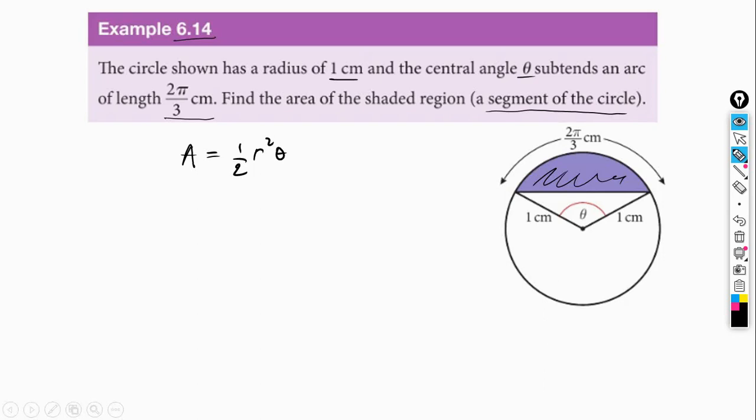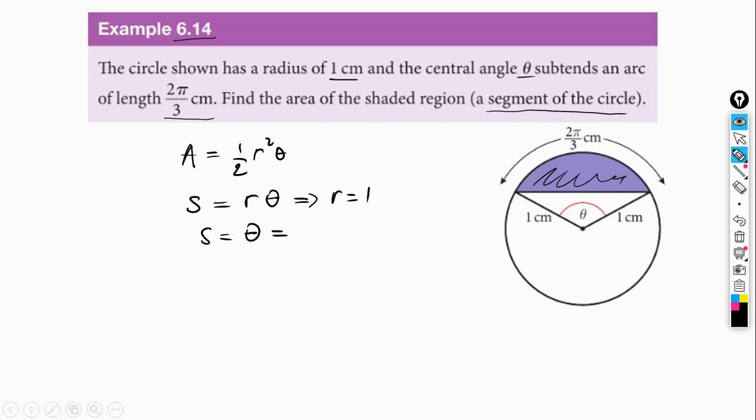Also, recall that the formula for an arc is equal to the radius times the central angle theta. But in this particular case, because the radius is equal to 1, we have that the subtended arc is equal to the central angle.